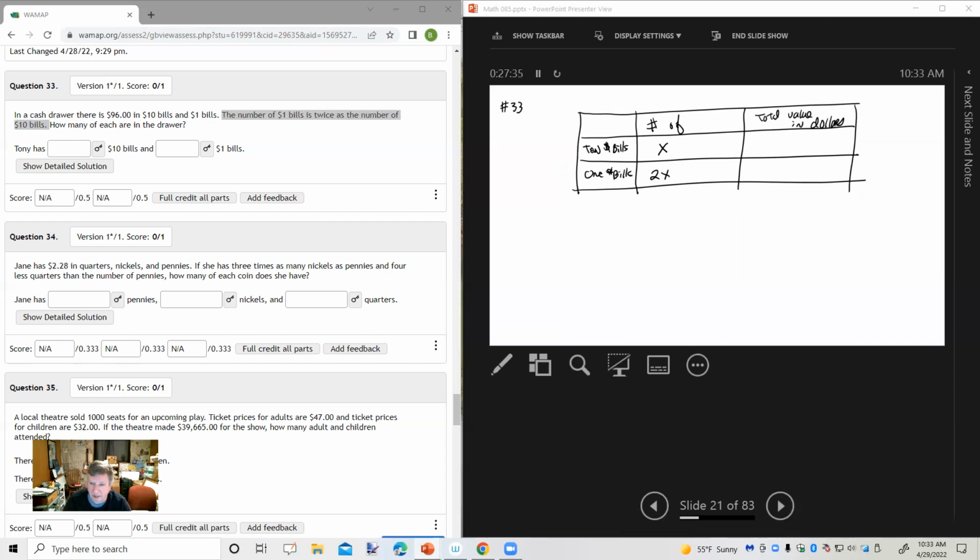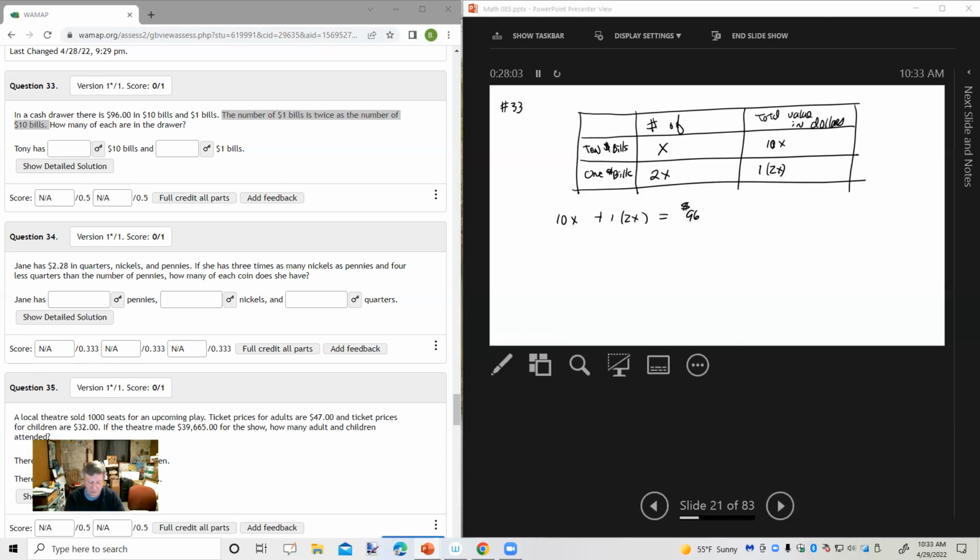Now, as far as the total value, a $10 bill is worth $10. So X of them would be worth 10 times X. A $1 bill is worth $1. So 2X of them would be equal to 1 times 2X. Well, if we take the total value of the 10s plus the total value of the 1s, we get the overall total value, which is $96.